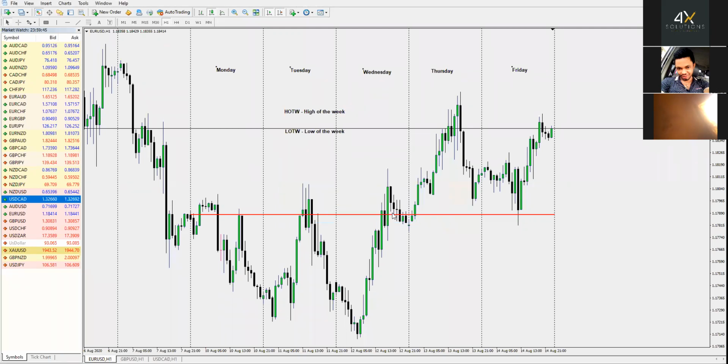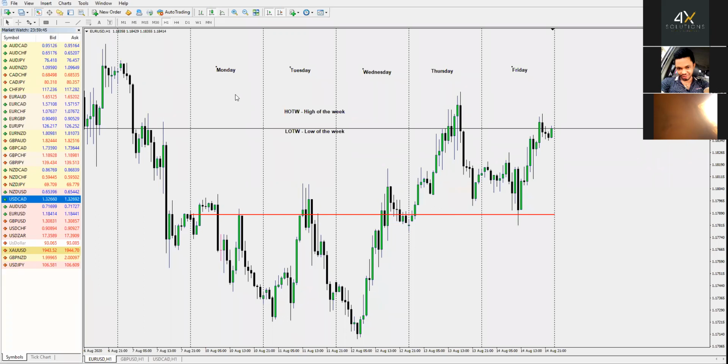So when price gets to a point where it either makes one of the two first, so meaning if price makes a high of the week or a low of the week first, well, then it will be in accordance with the order flow based on the 4-hour or the daily chart.